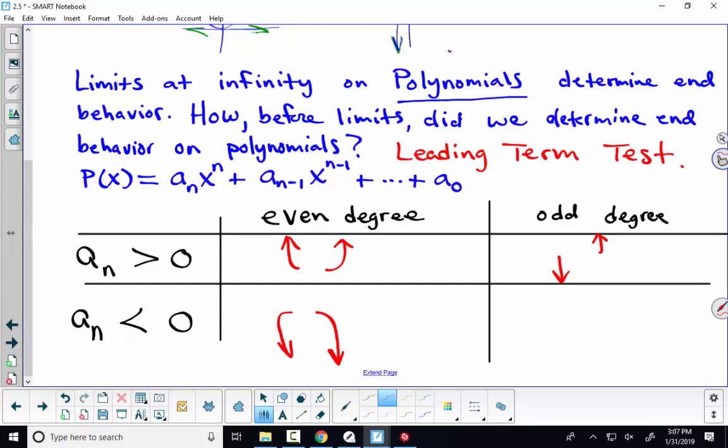Odd degree, negative leading coefficient, just think of negative x cubed, where the arrows are up then down. You know, the function was, of course, doing stuff in between. So usually they were like dots or squiggles. But we're primarily only thinking of the end behavior because we're talking about limits at infinity. So we're only concerned at this moment where the arrows go on these types of functions.